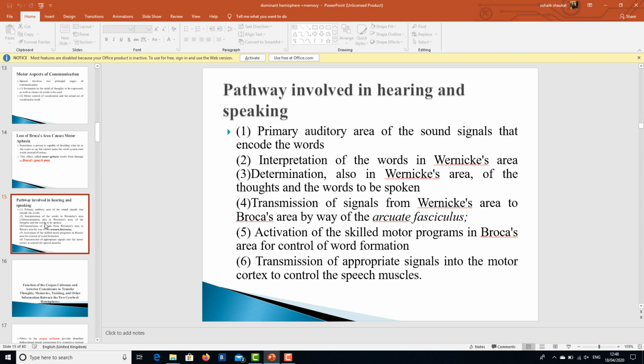Then transmission of signals from Wernicke's area to Broca's area by way of the arcuate fasciculus, then activation of the skilled motor program in Broca's area for control of word formation, and last is the transmission of appropriate signals into the motor cortex to control the speech muscles.